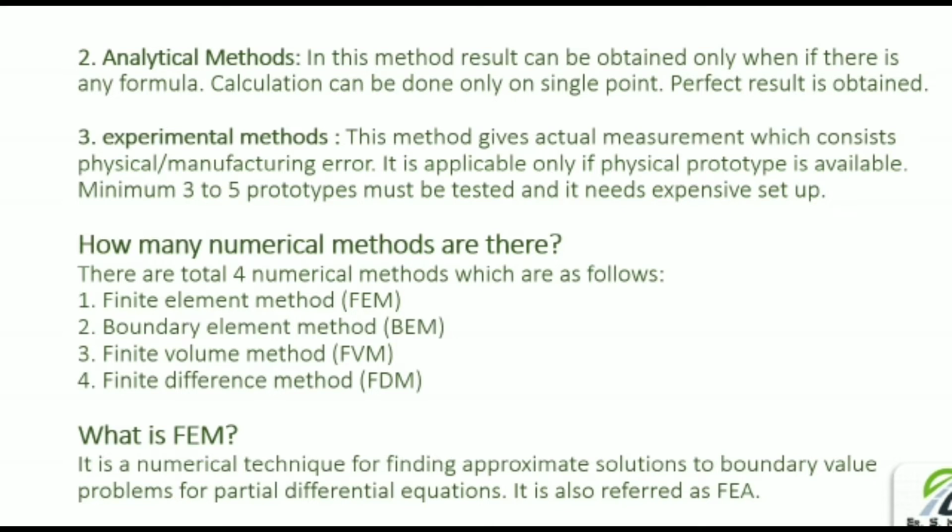Experimental method, from the name itself, is experimental work that we can do in our laboratory, and we need samples in this. We need physical prototypes in the experimental method. Numerical methods are approximation techniques to solve any real life problem, like we did in our BTech curriculum.